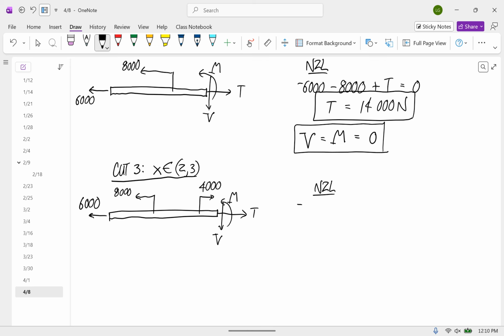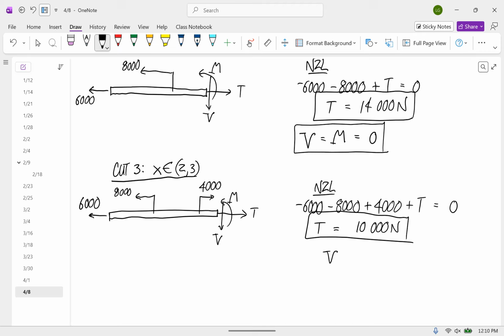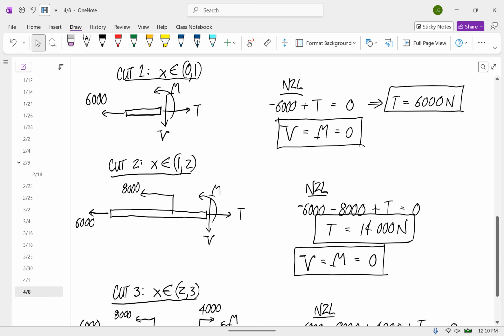Newton's second law, negative 6,000 minus 8,000 plus 4,000 plus T is equal to 0. So T is equal to 10,000. And V and the bending moment are 0 again. So those are 3 internal tension compression values. You can see they're all positive, so it's tension at every point, but the value jumps at the external loads.